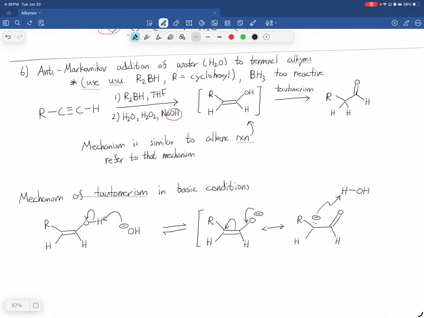So we're going to attack this hydrogen, kick off this OH group, and if we draw another arrow going forward, this is going to form our group here.